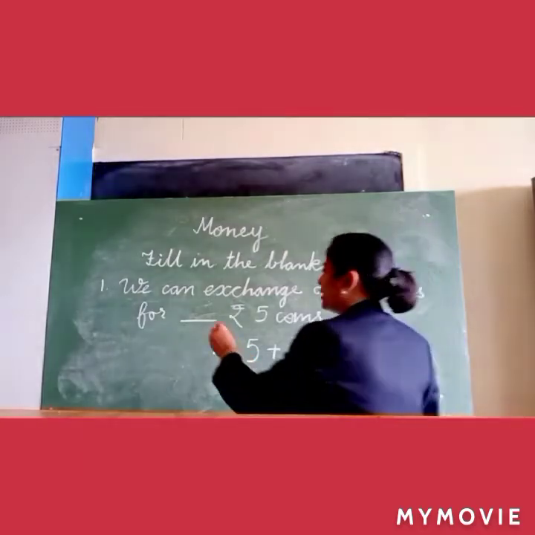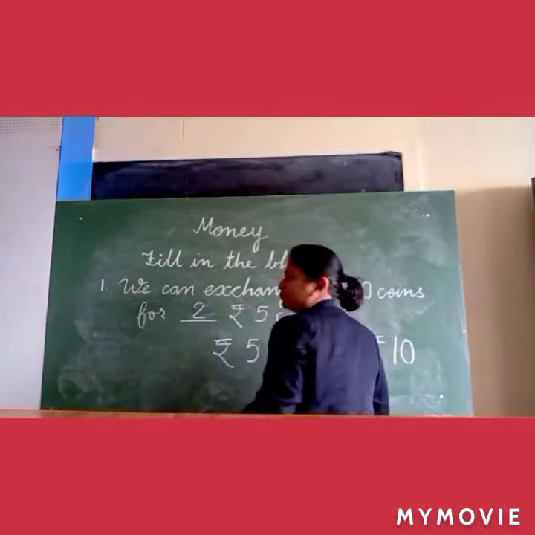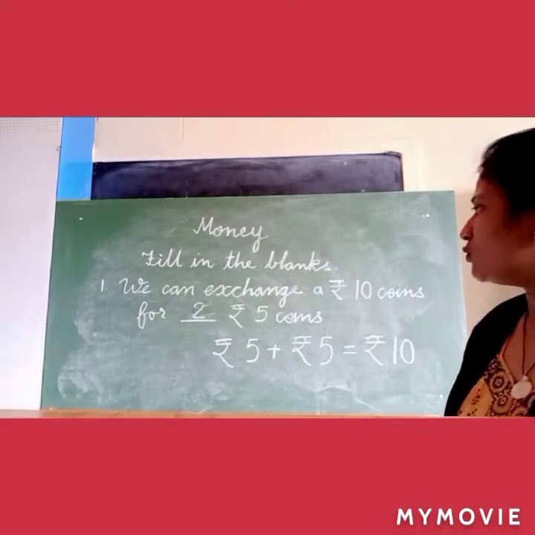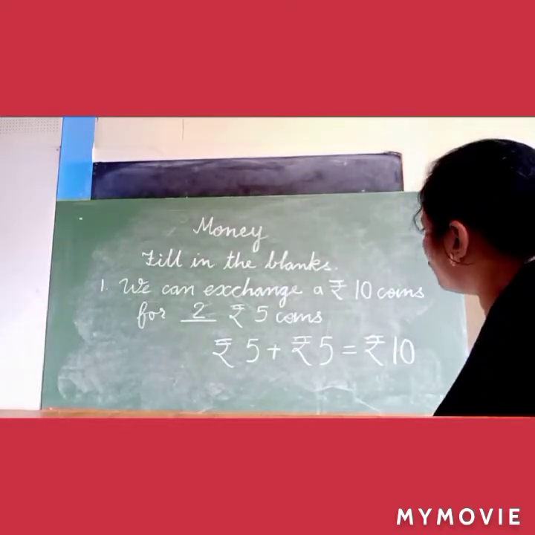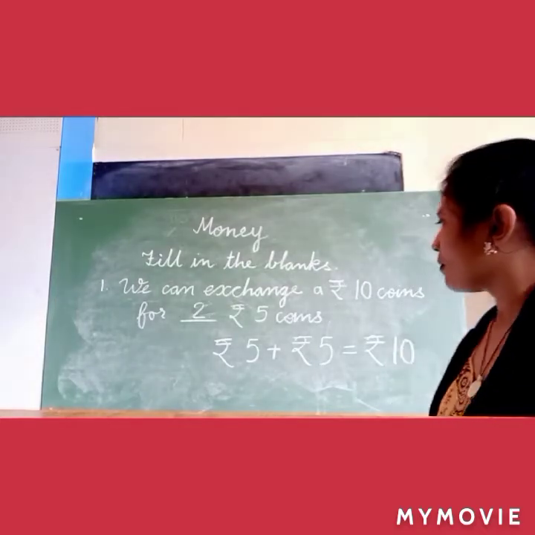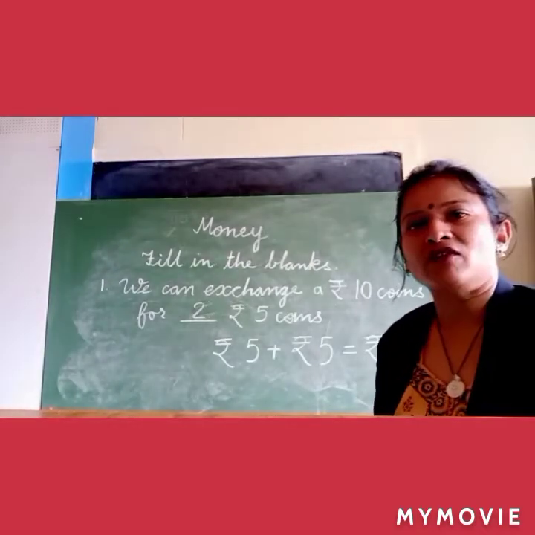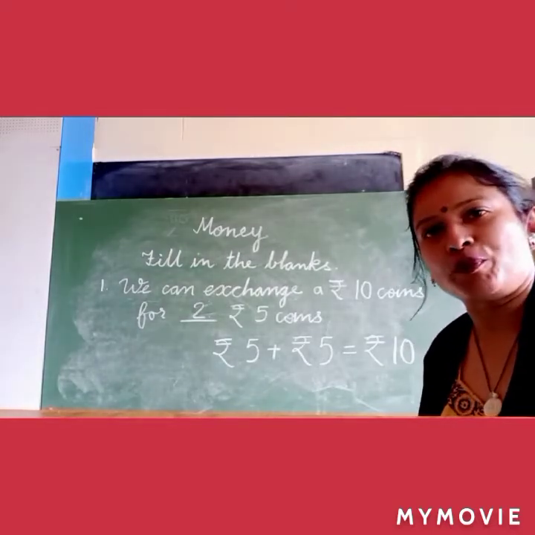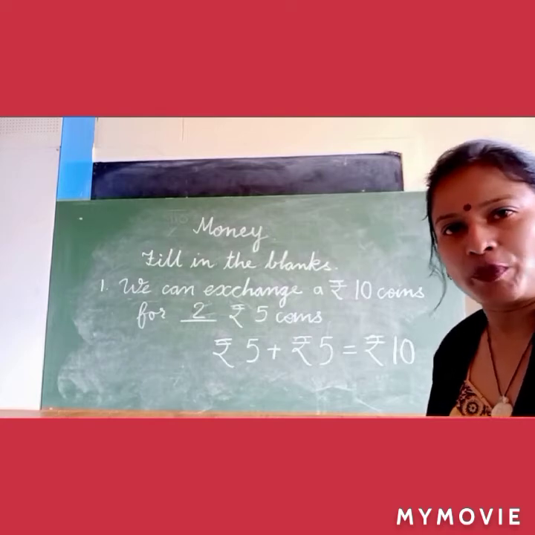So the answer will be 2. We can exchange a rupee 10 coin for two 5 rupee coins, as 5 plus 5 is 10. So 5 rupees plus 5 rupees will be 10 rupees.